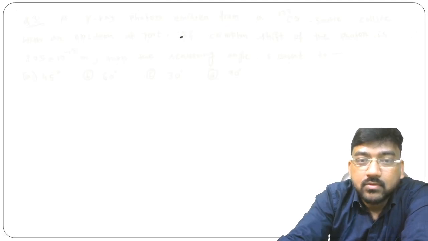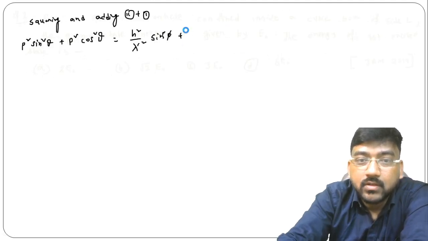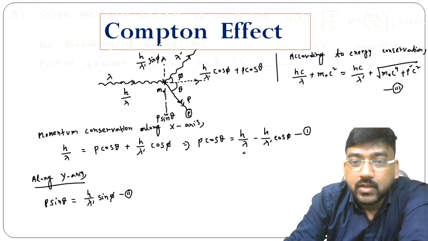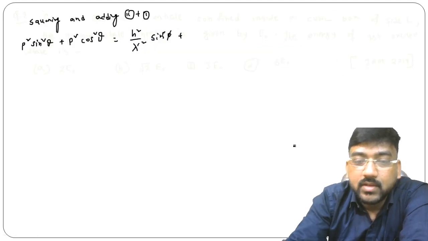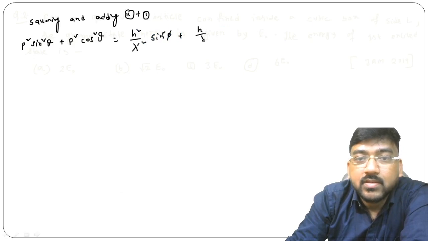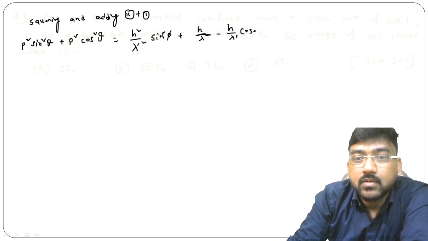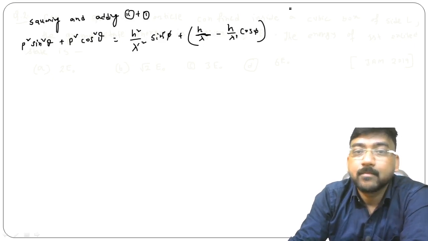plus what we have in the right hand side: h upon lambda minus h upon lambda dash cos phi, whole square.